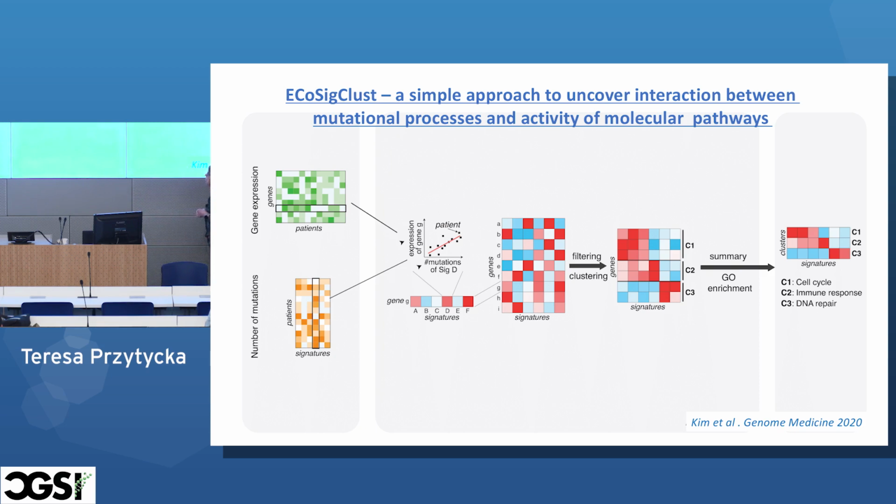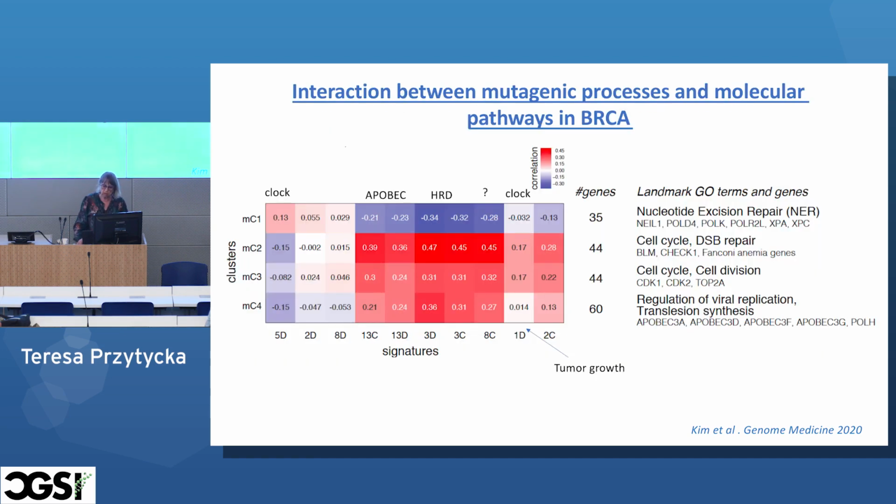At the end, we cluster the genes that have the same correlation patterns with the signatures. Once we do that, we can do enrichment analysis and try to see if there are any patterns, any insights that we can get from this clustering.